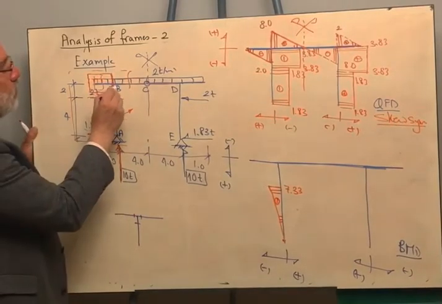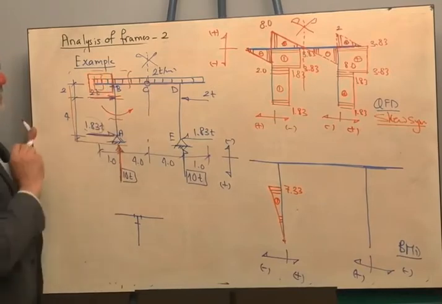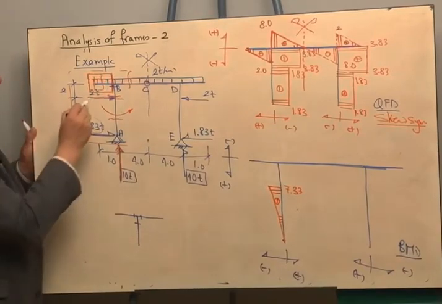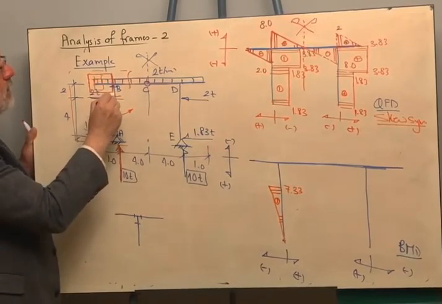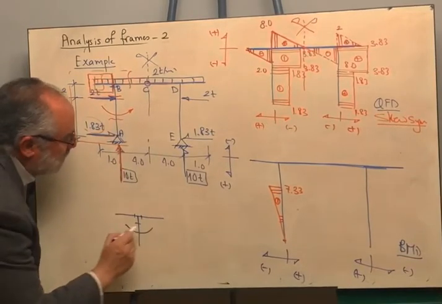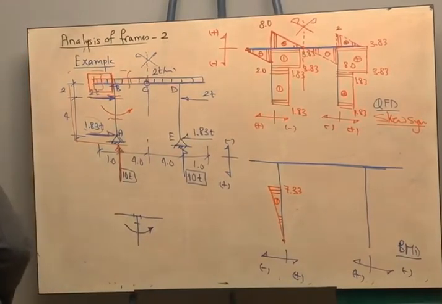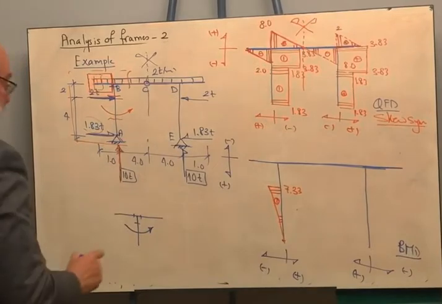For the section from below, I will take 1.83 times its distance, which is 6, and the 2 multiplied by its distance, which is 2. Therefore we get a bending moment in this direction like that, and its value will be 14.98.